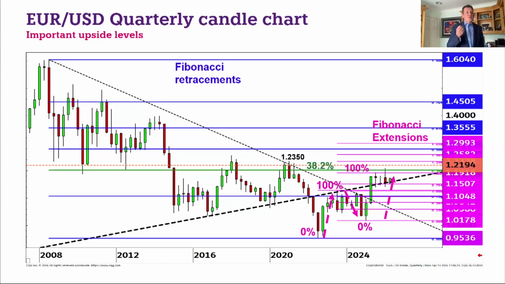But where is the really big change in euro dollar? It's if it can get above 123.5. Because although the downtrend line has broken, the actual downtrend in euro dollar has not broken on the quarterly chart. For a downtrend to break, you need to break what we've had here since 2008, which is lower highs and lower lows in euro dollar.